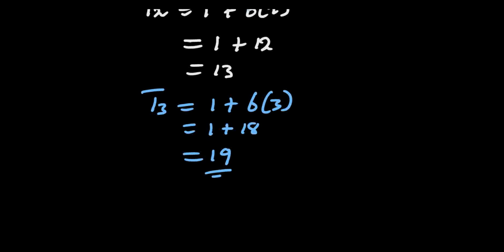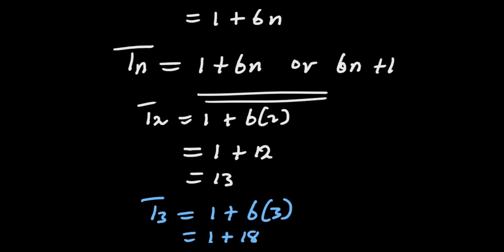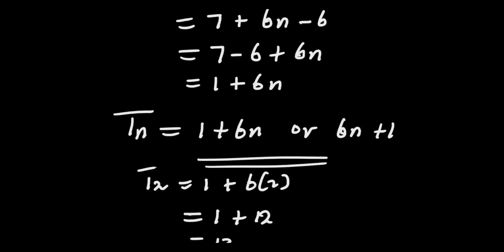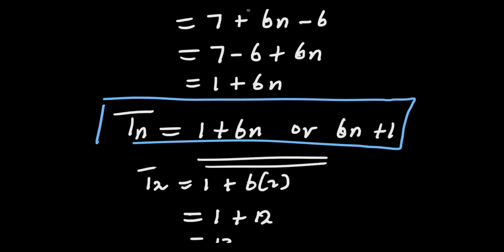So you can see the nth term is correct. Okay, so that is it for this question. The nth term is 1 plus 6n, or 6n plus 1. All right, let's go to the next question.